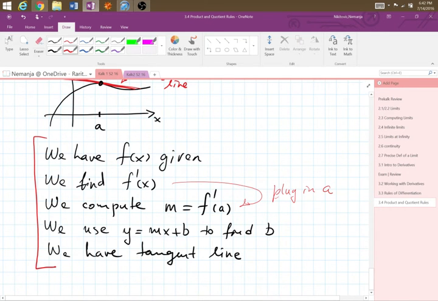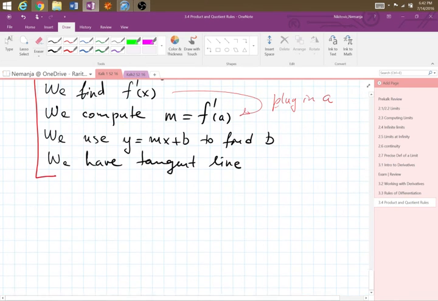So we have f of x given to us, and a is given to us. We find the first derivative, plug a into the first derivative to get the slope. Then you have a and f of a, those are your x and y, and you have m. Plug all of that into y equals mx plus b, it will give you b, and then you have m and b, which is needed to compile the line.